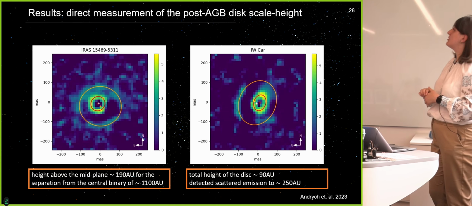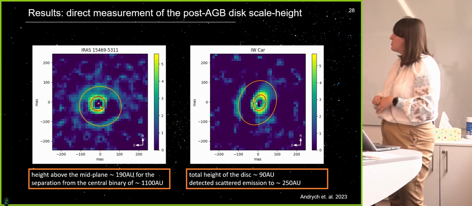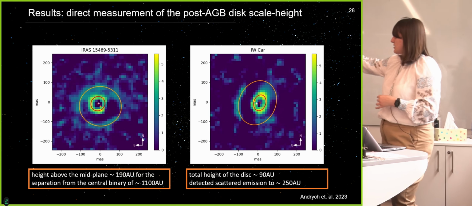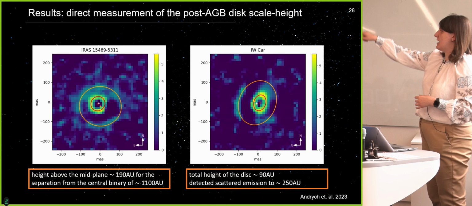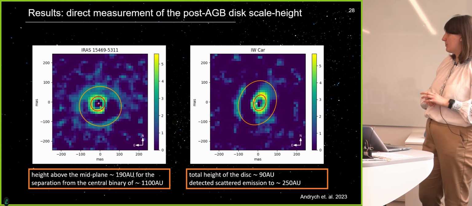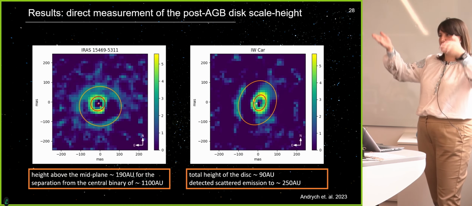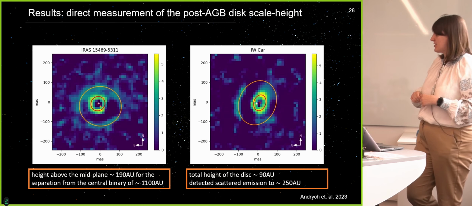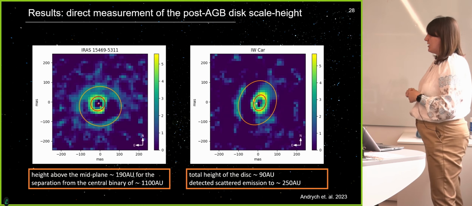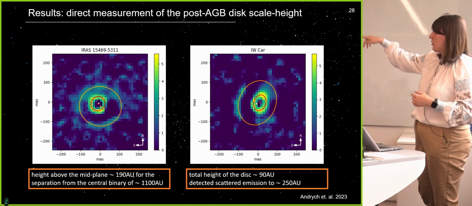We were also able to perform a direct measurement of the disk scale height for two of the targets. For the left one, we see two rings, and the outer ring is visibly shifted from the position of the central binary. This shift is a projectional effect for the flat disk surface when you have an inclined disk. So using this shift, we can measure the scale height of the secondary ring above the midplane.